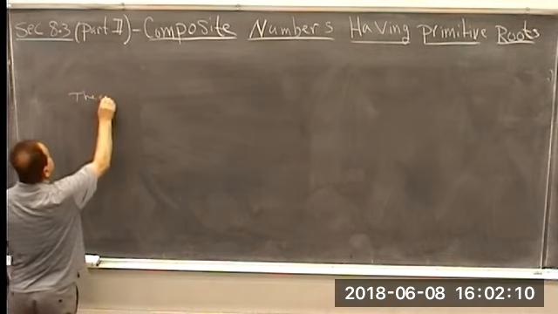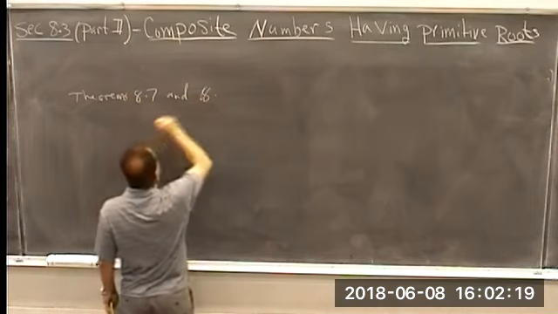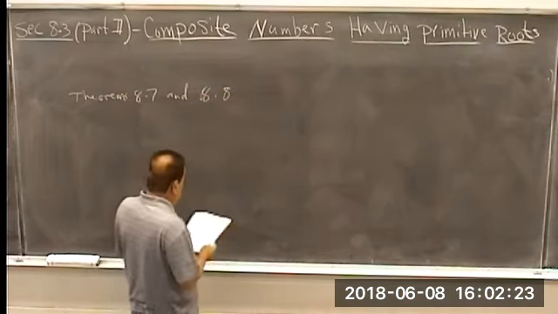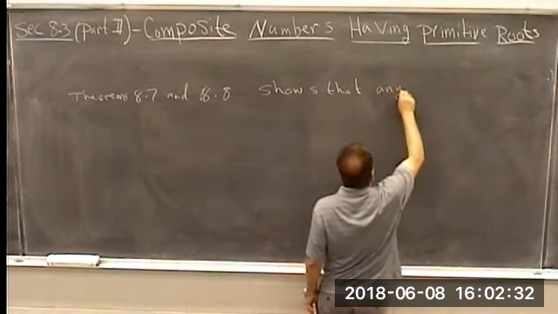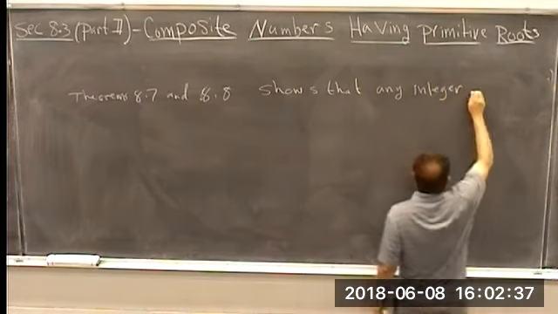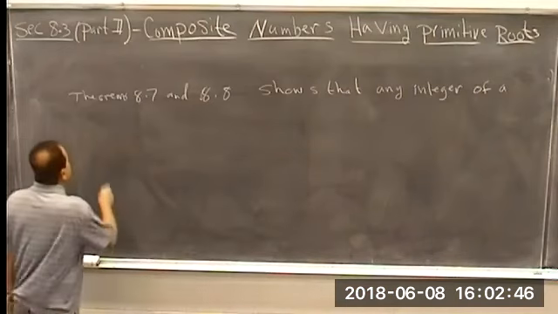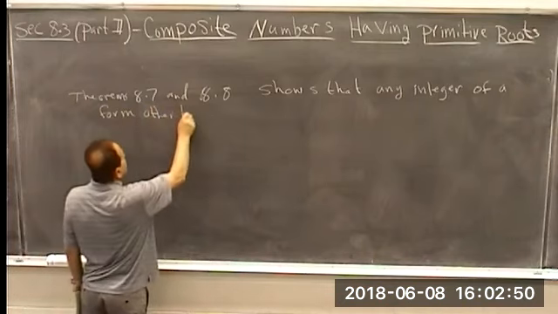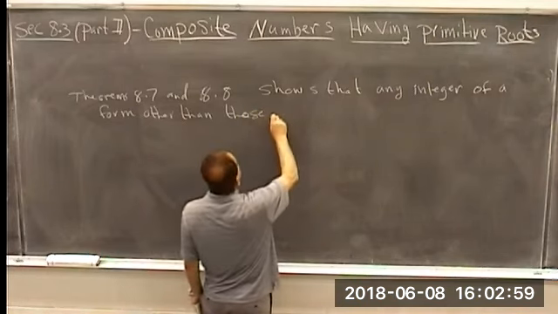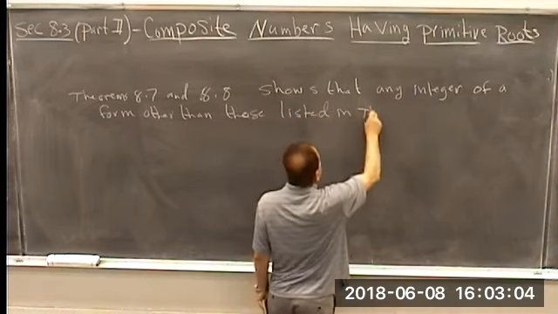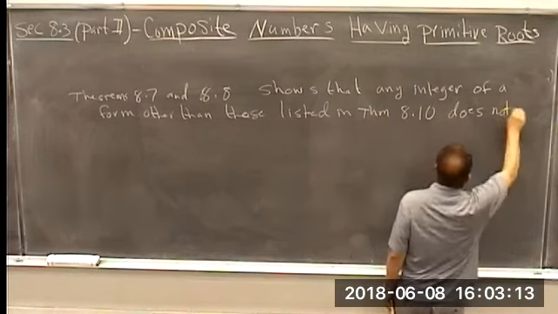So theorems 8.7 and 8.8 show that any integer of a form other than the ones listed in Theorem 8.10 does not have primitive roots.